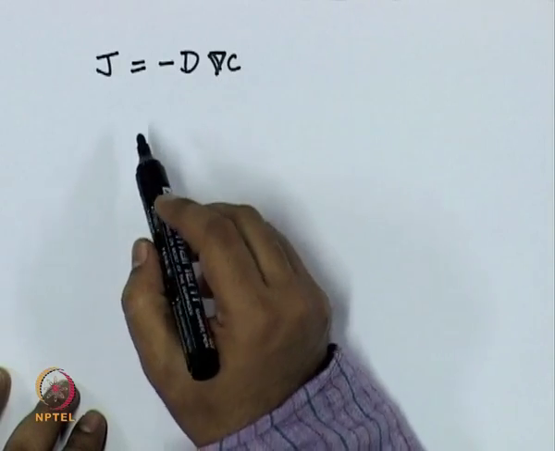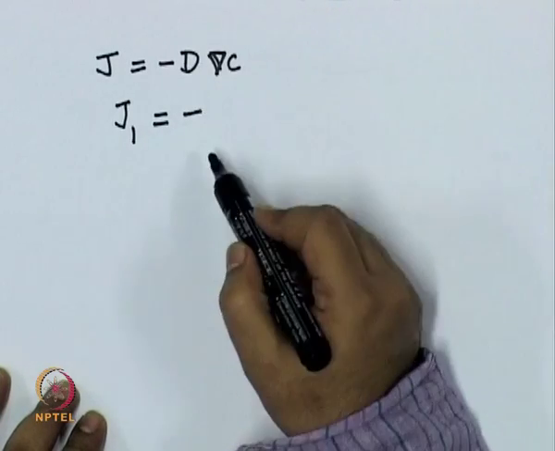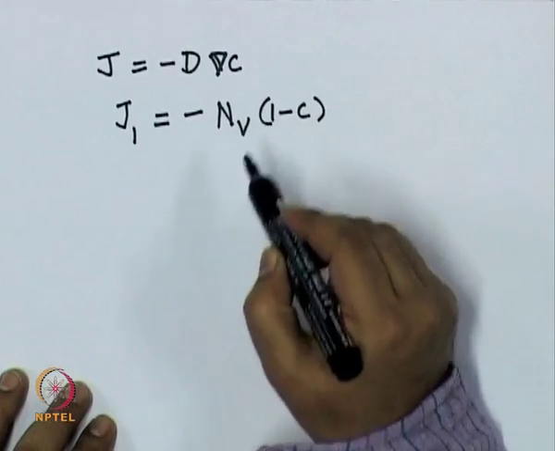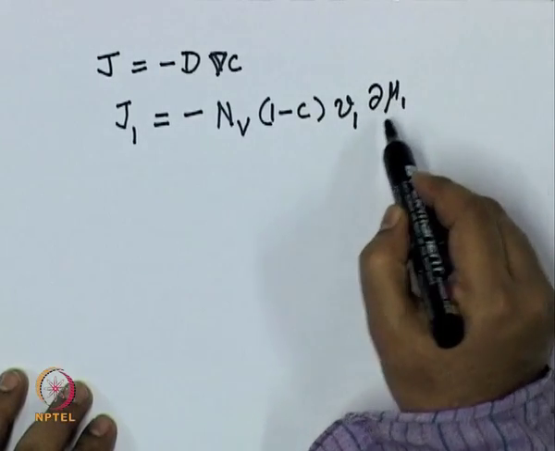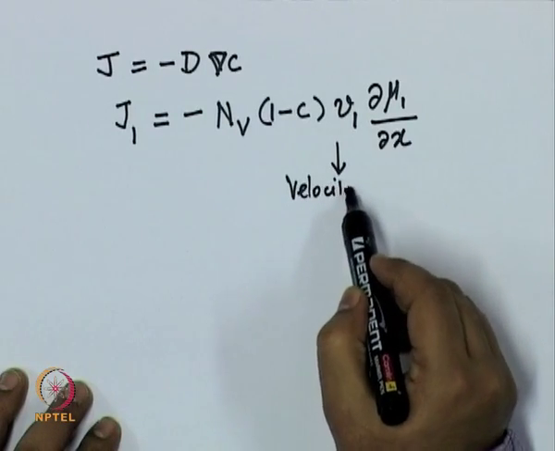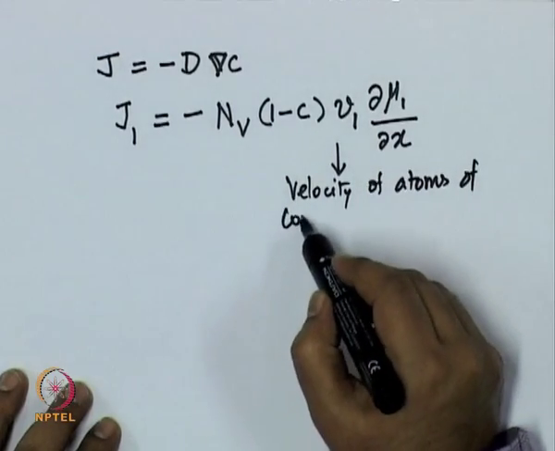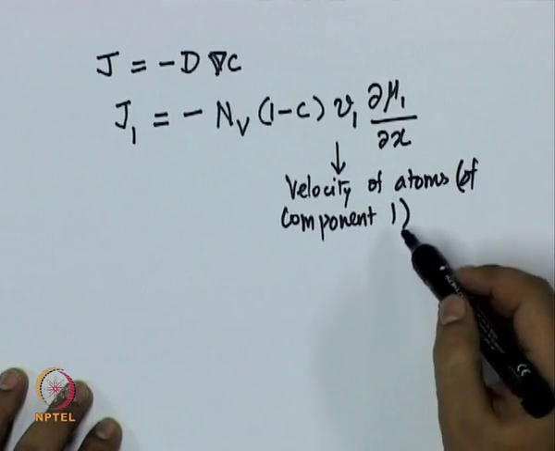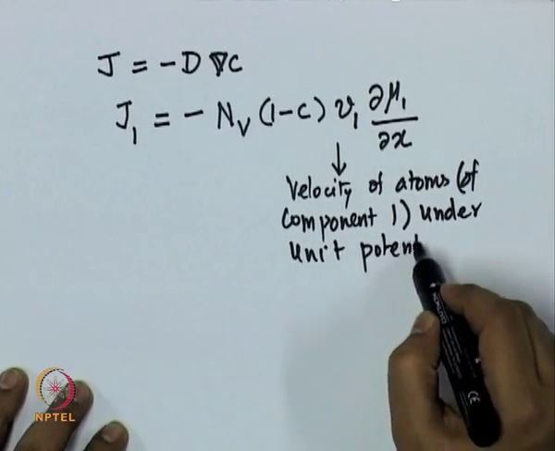But now I am going to write a flux expression for atoms of component 1, J1, which is equal to minus N_V, the number of atoms per mole, times (1 minus C), which is the composition of A atoms obviously, times V1 times dou mu 1 by dou x, where V1 is the velocity of atoms of component 1, that is the velocity of A atoms under unit potential gradient.